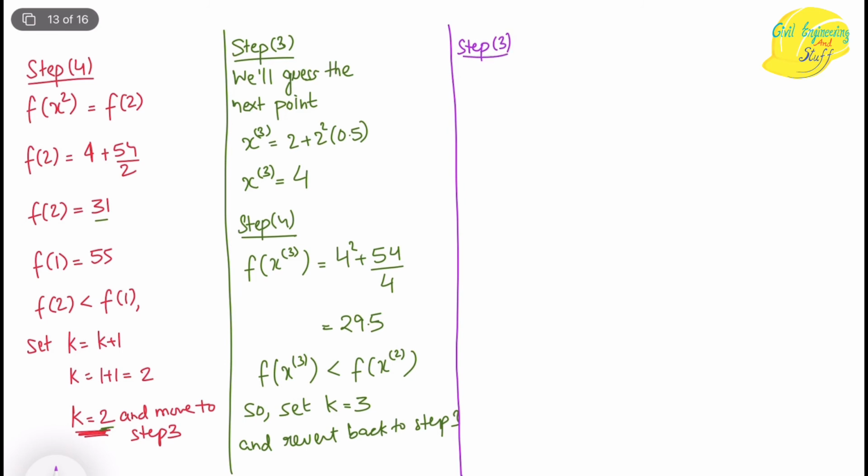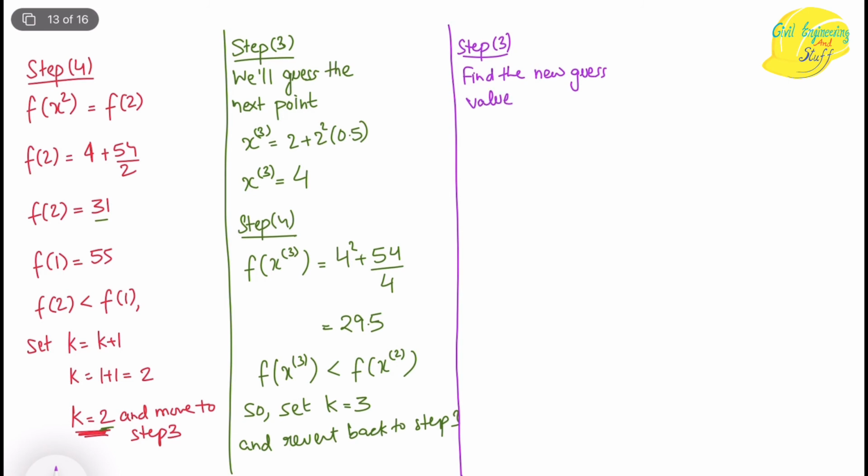So we have set k equal to 3. We will find the new guess value.